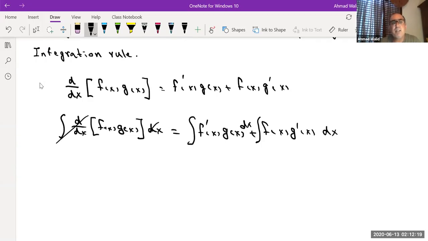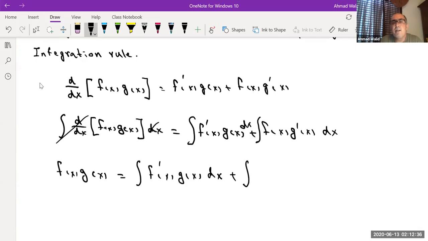You end up with f(x) times g(x) equals, on the right, just copy, integral of f'(x) g(x) dx plus integral of f(x) g'(x) dx. Now, let's solve this equation for the integral of f(x) g'(x) dx.